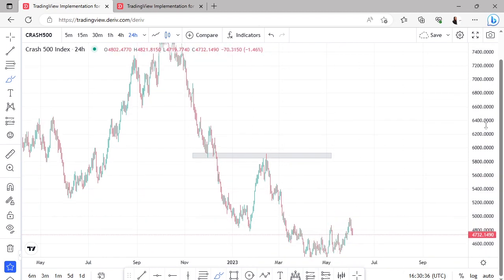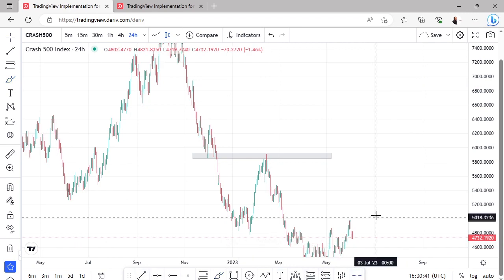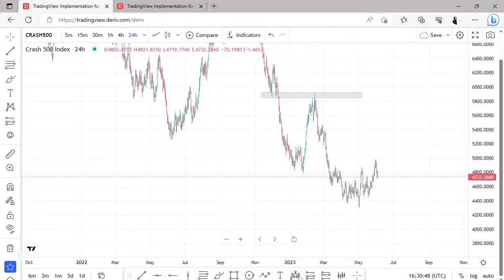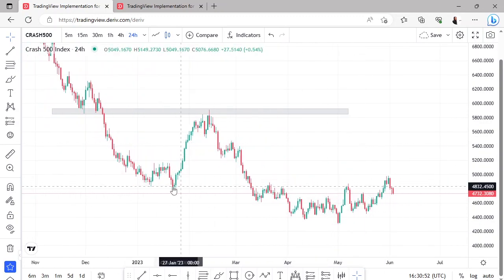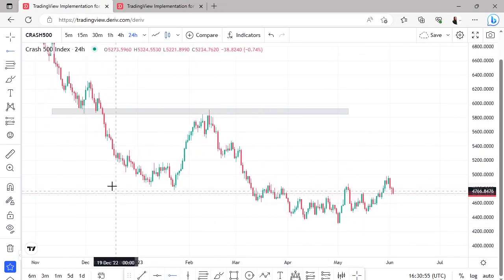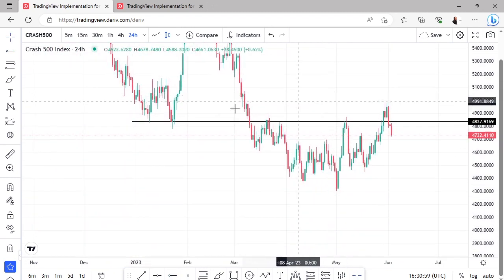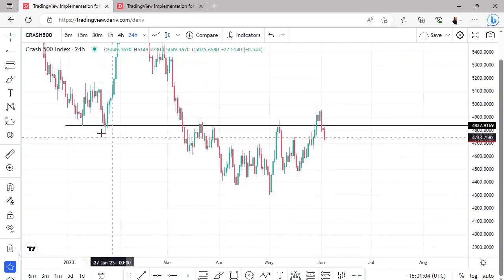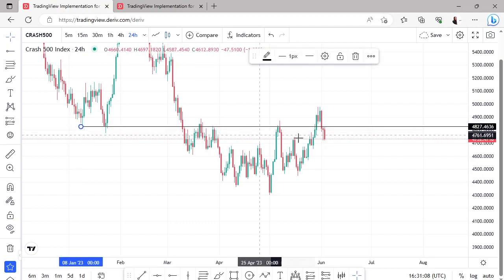So overall, we do this. So we have another zone over here where the market is likely to turn. So we have this zone over here.